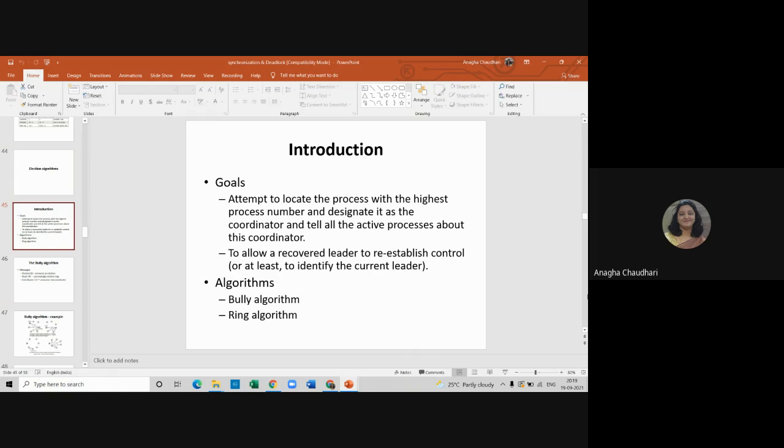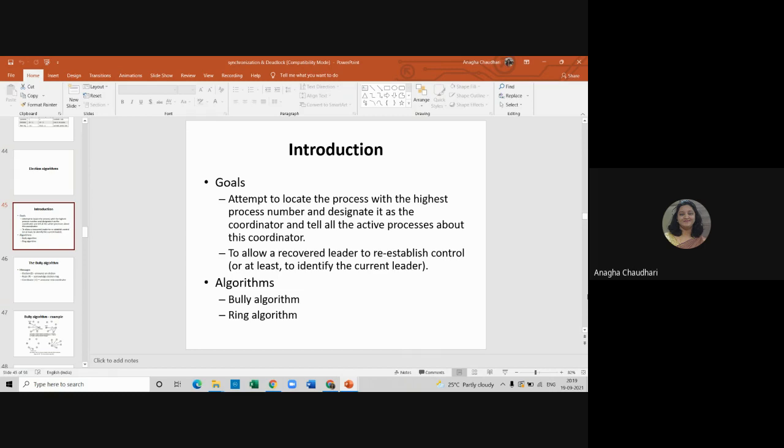Suppose when the election message is sent to all the participating nodes, it is also sent to the ex-leader, which has undergone some failure, but by that time it has recovered. So that ex-leader can join the election process again. And after joining, when it has the highest ID number, it will become coordinator again.